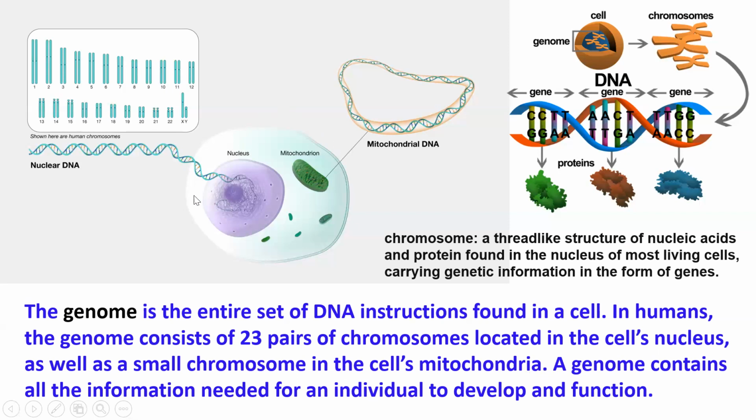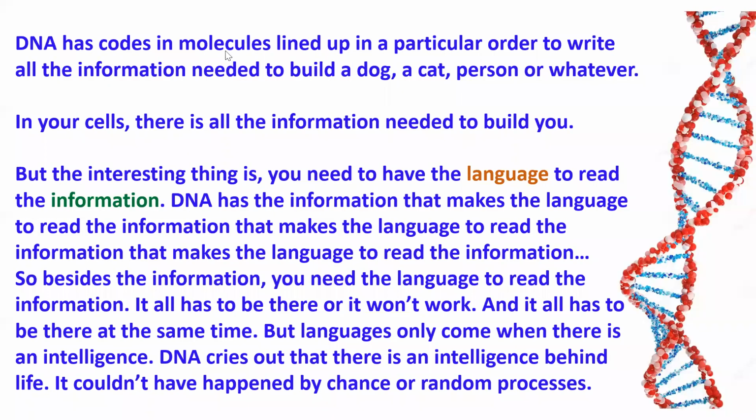So this one whole cell consists of your genome. That means your whole set of DNA instructions. It's quite amazing because just one cell itself has the whole set of DNA instructions. So DNA has codes in molecules lined up in a particular order.